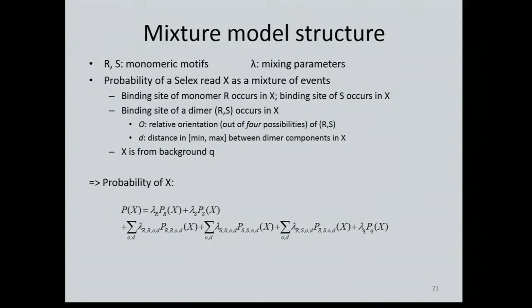This is long, so we just represent the SELEX read in these three separate cases. The binding site of a monomer occurs in the read. The binding site of a dimer occurs in a read, and for the dimer we need to know the relative orientation and the spacing between the two monomers. Or X is just from background.